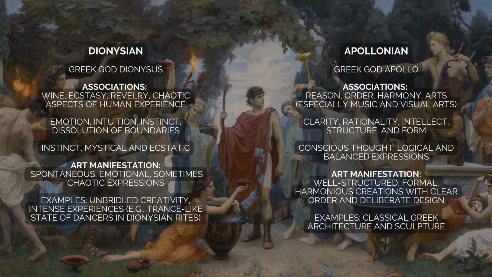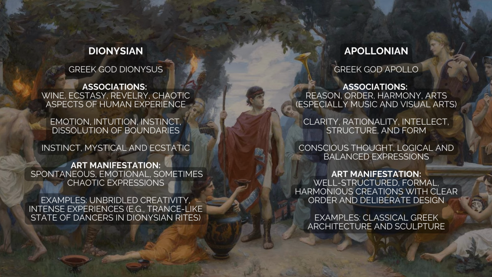The Apollonian domain represents conscious thought and the pursuit of logical, measured, and balanced expressions. And in art, it manifests as well-structured, formal, and harmonious creations with clear order and deliberate design. A good example would be classical Greek architecture and sculpture.